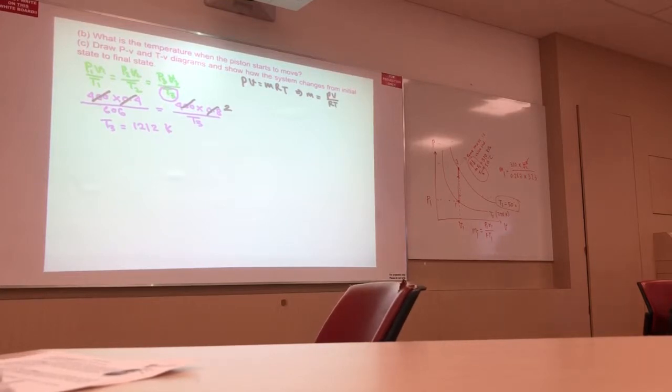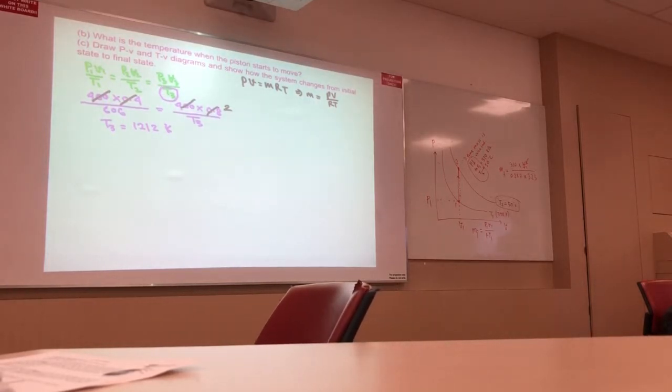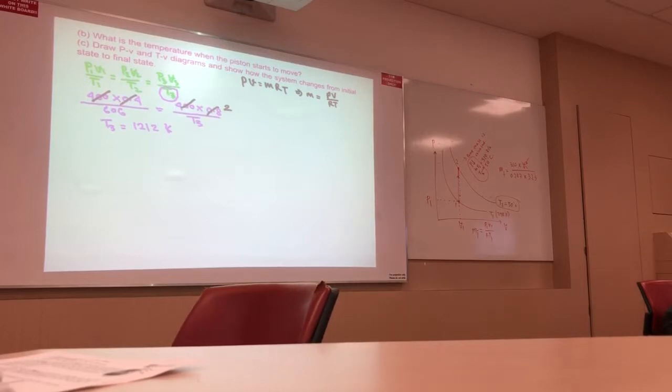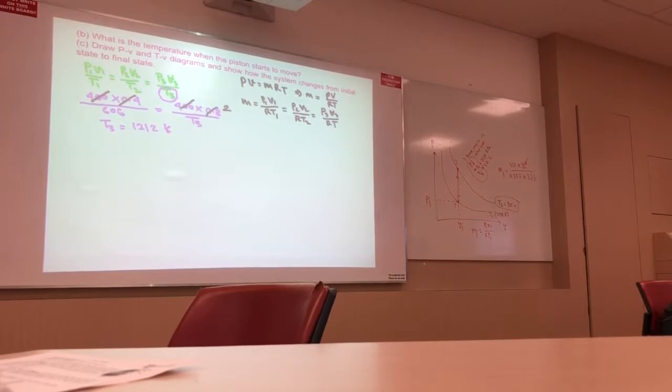Alright. Then can I write this way? Because this is the same system, same mass. Mass is fixed. So I can write P1 V1 by RT1, P2 V2 by RT2, P3 V3 by RT3.